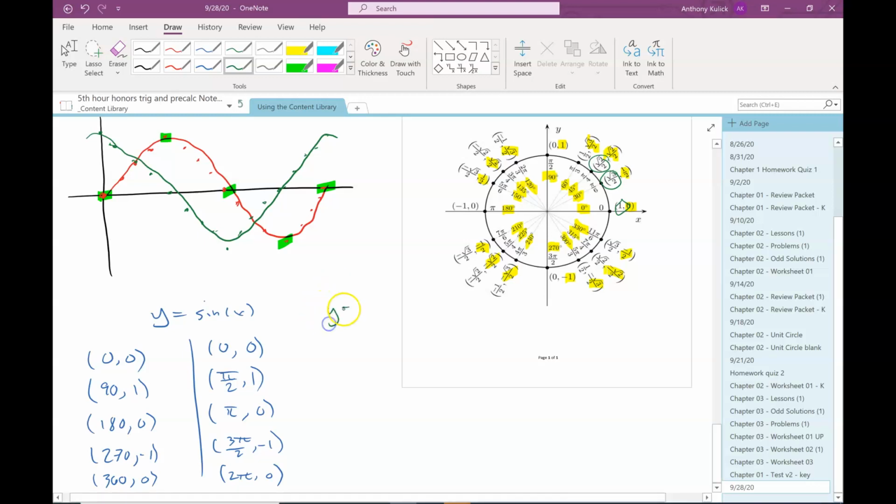But again, we don't want all those stinking points. All we want are the kind of corresponding points for 0, 90, 180, 270, and 360, the ones where the graph is either crossing the x-axis or at a maximum or minimum.